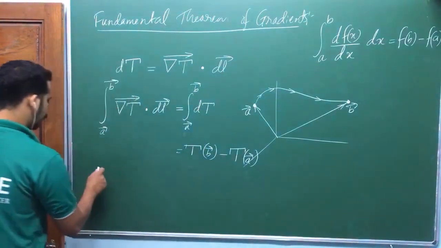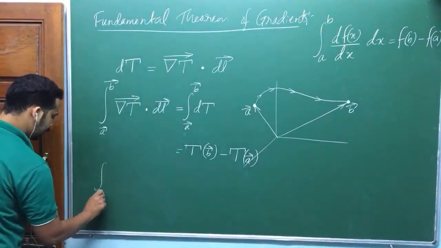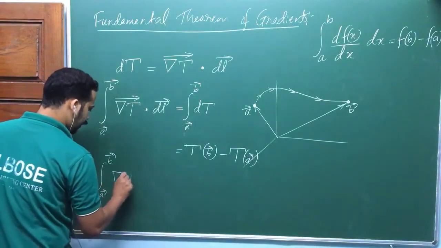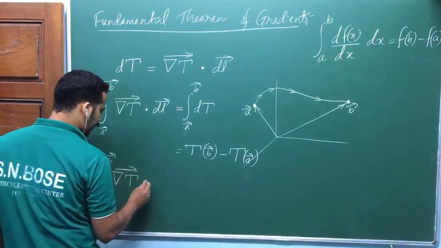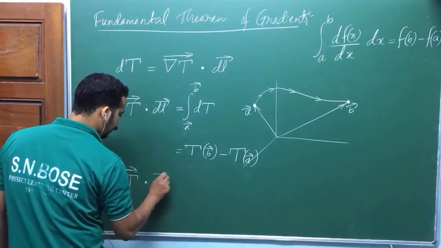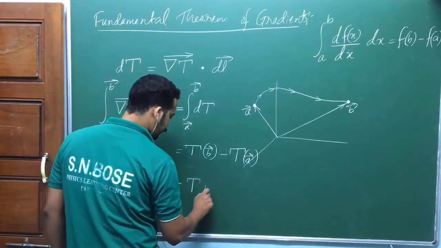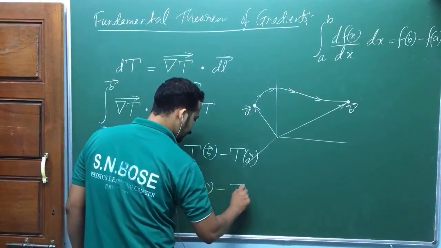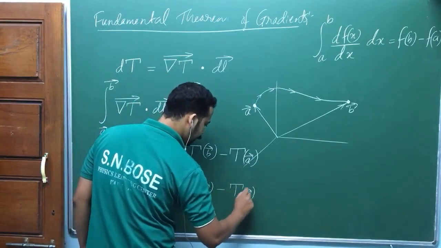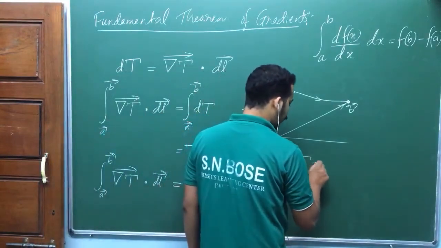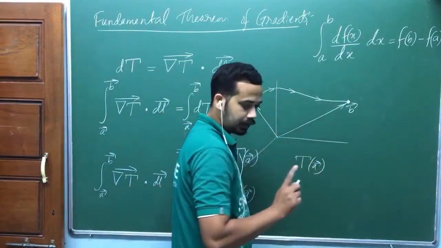Okay. Now look at here what you got here. Integral A to B, gradient of scalar field dot dl vector, that's equal to scalar field at B, okay, minus scalar field at A. Look at here. So this t at A vector, t is not a vector, okay.